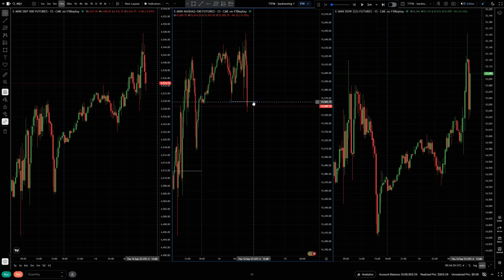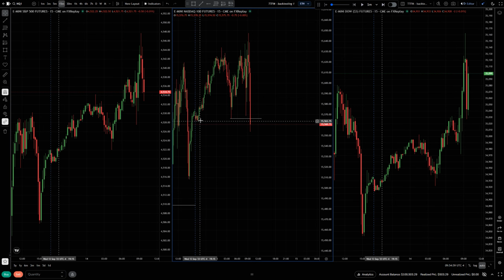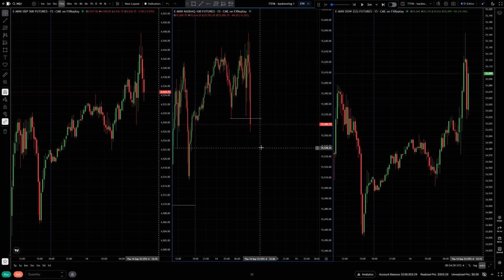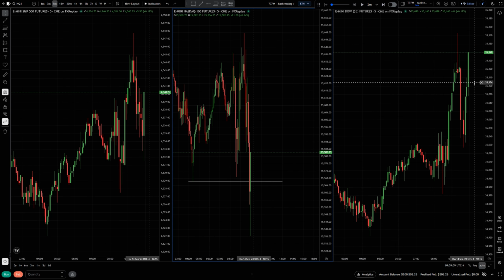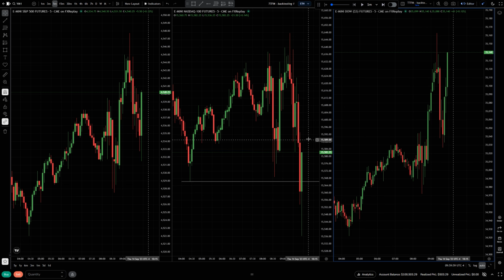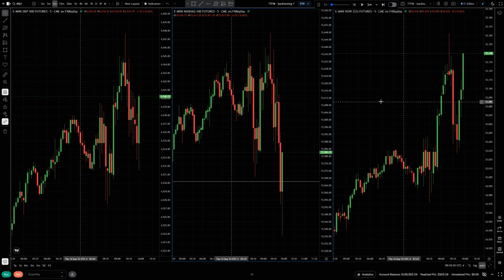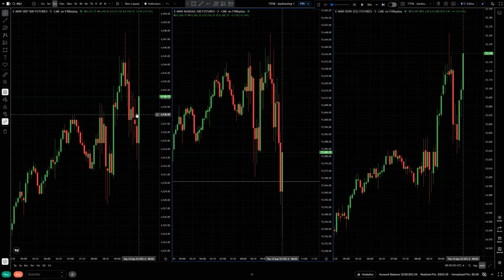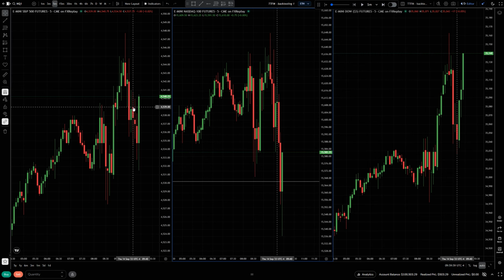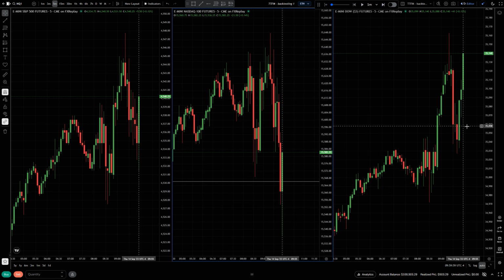So as we said, NQ looks like it took out the current day's low, and this is a really nice reaction from it. We have YM looking like the leading asset to the upside. We also have ES closing above these candles here.